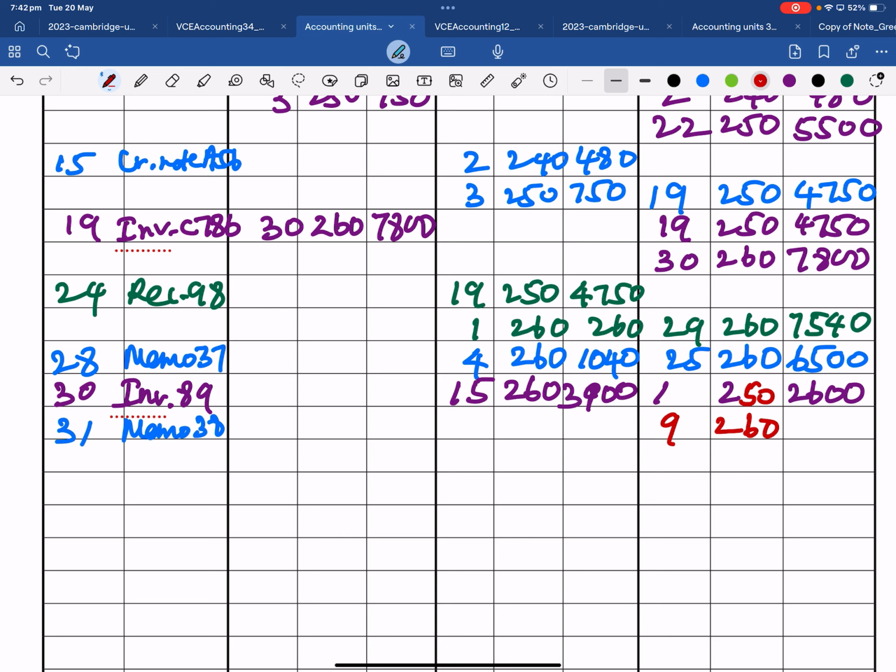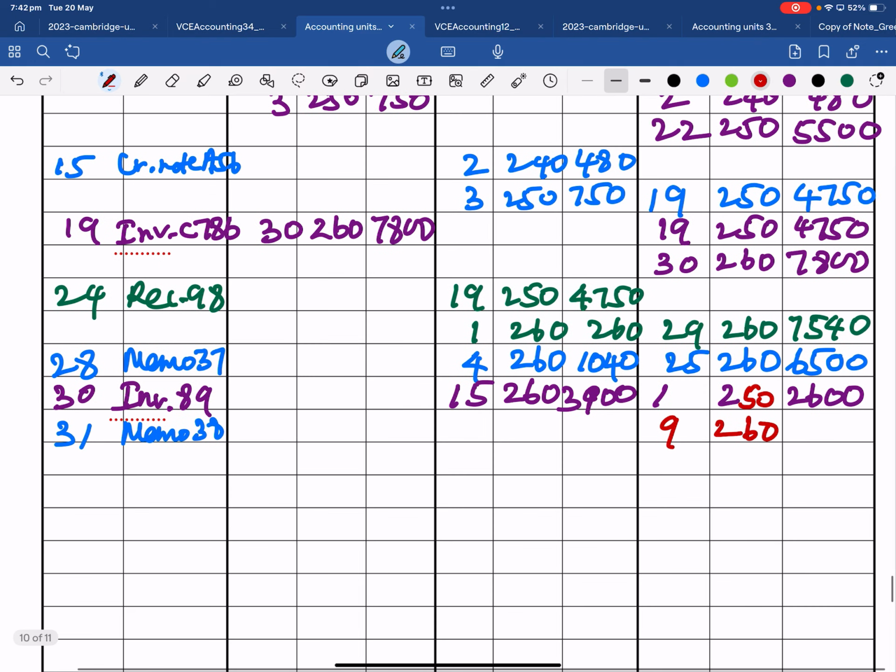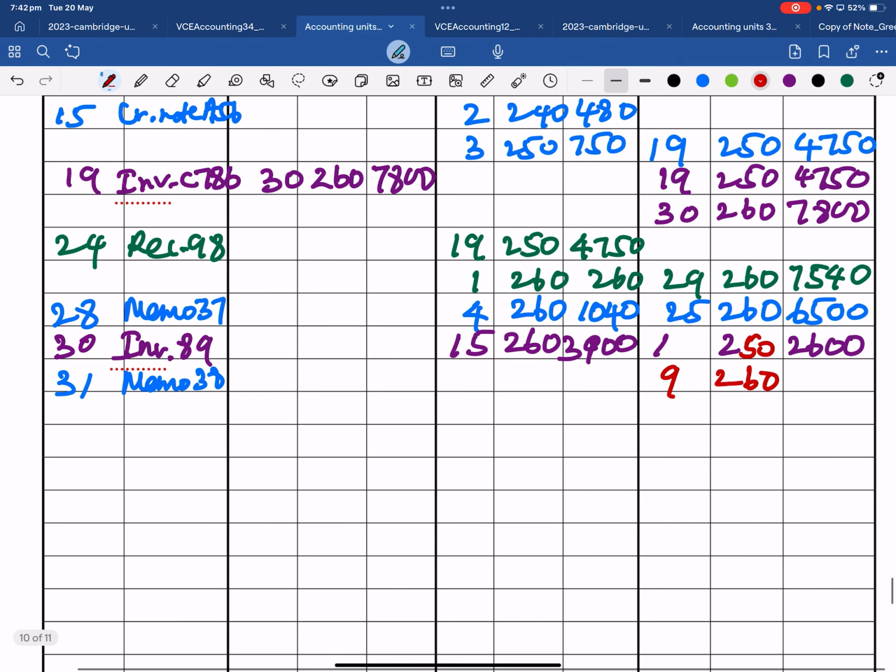Because you asked me, that also I'll explain. Now assume this one we have 10, meaning they are going to tell us that look, we have got 11 in the inventory take. Then we have one at 250 and 9 at 260.